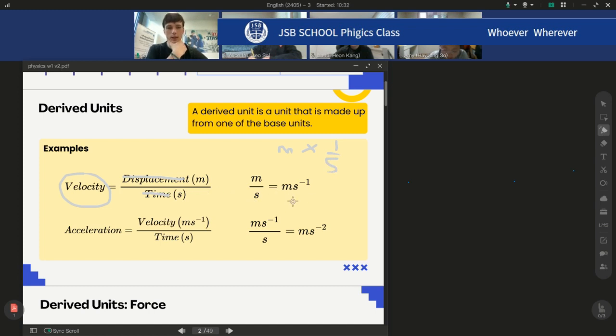That's the same thing. Now, 1 over s is also the same thing as s to the power of -1.